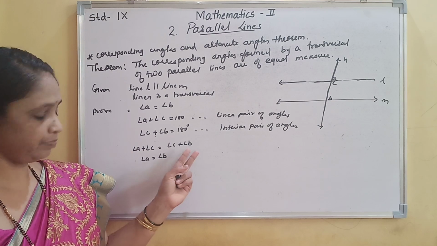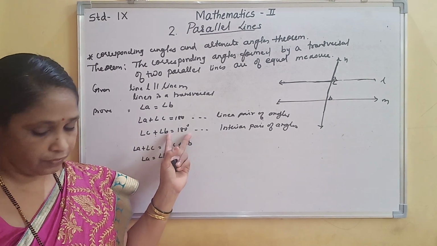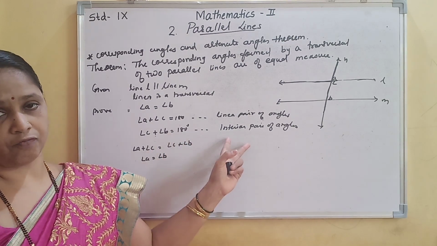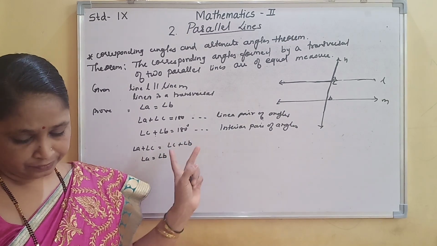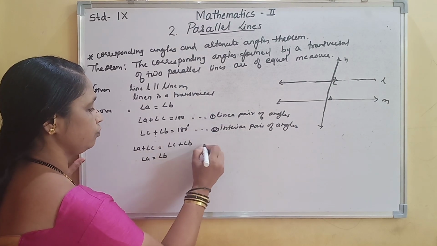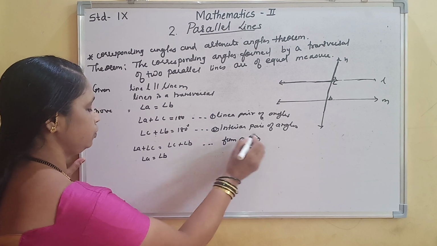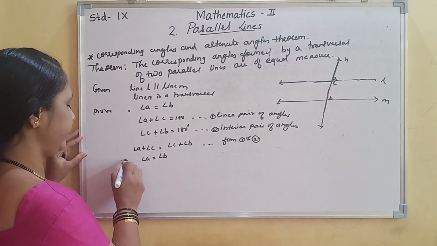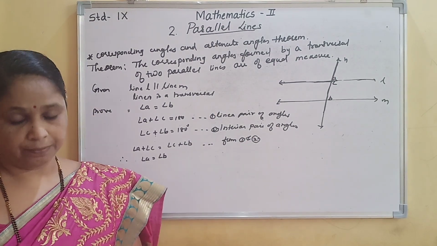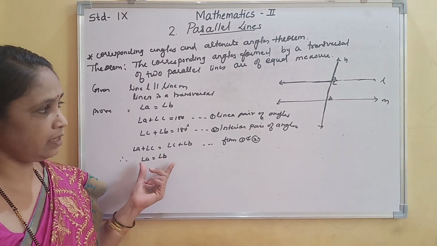This is by the property of interior angles of parallel lines. Now this we have proved. From where did we get this? From 1 and 2. So therefore angle A is equal to angle B. Now this means the corresponding angles are congruent.